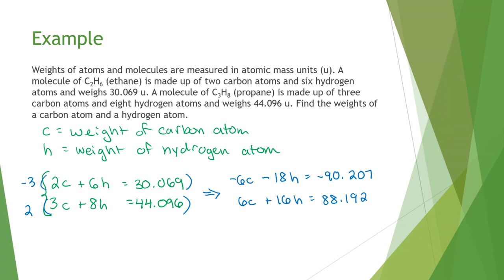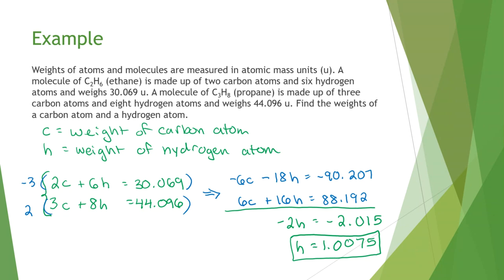For the elimination process, once you have variables with the same coefficient and opposite signs, we add the equations together. So -6 plus 6 is 0. Now my C is gone. And then I get -2H equals negative 2.015. Then I divide both sides by negative 2 to get the weight of hydrogen at 1.0075.